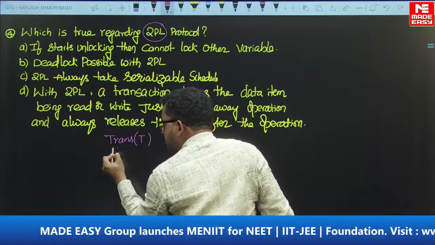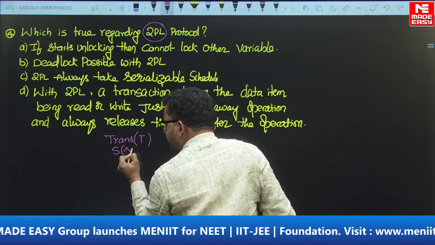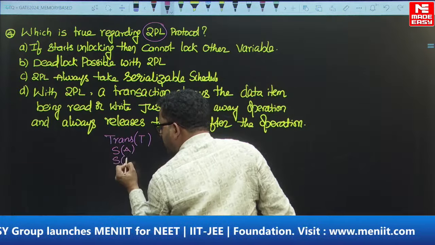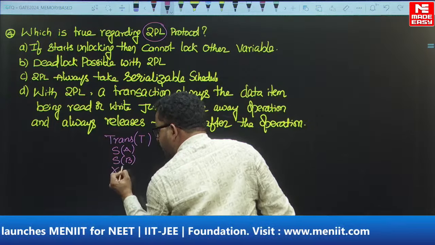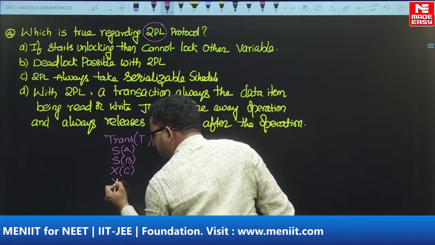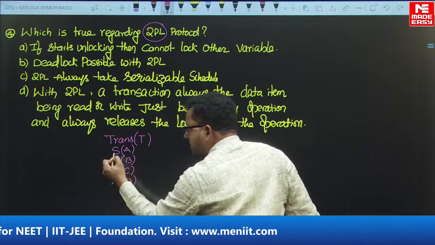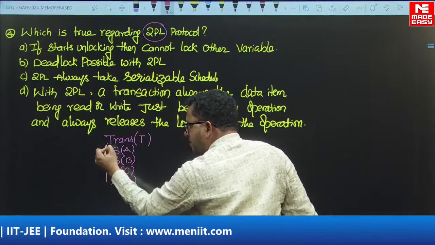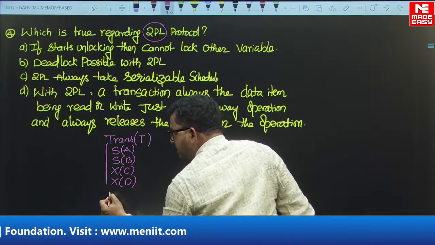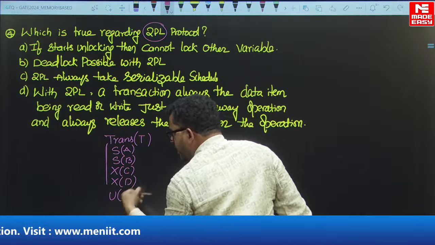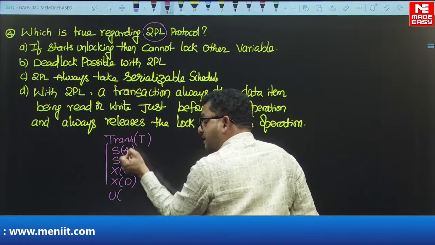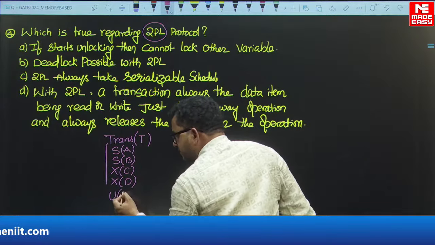A transaction can lock A or B in shared mode, or lock C in exclusive mode, or lock D in exclusive mode, something like that. It can lock any number of data items in any mode until it makes the first unlock. Any data item can be unlocked, it need not be the first locked data item.